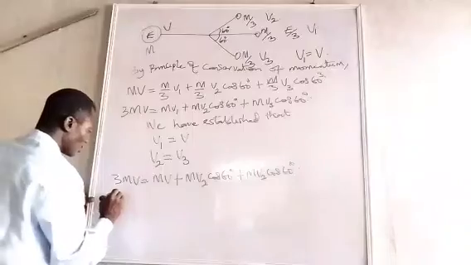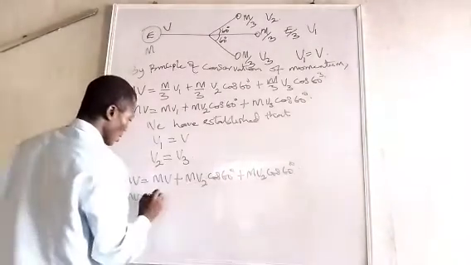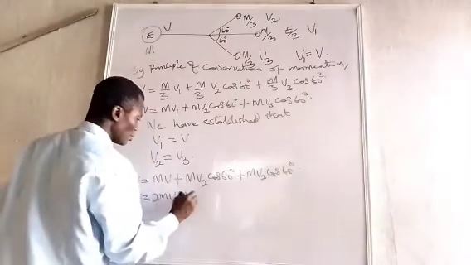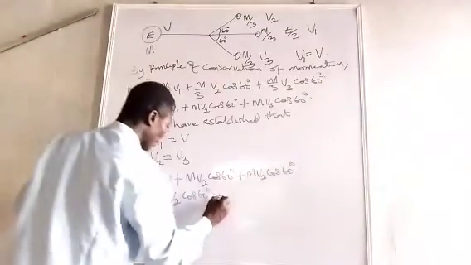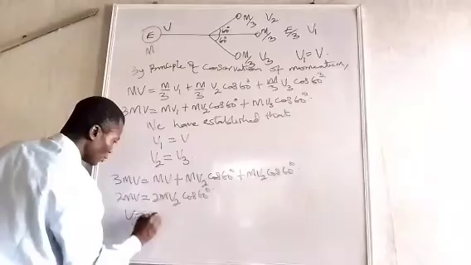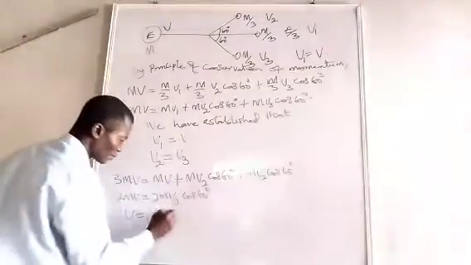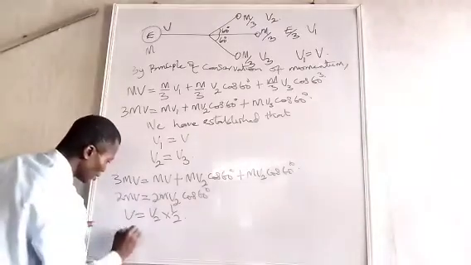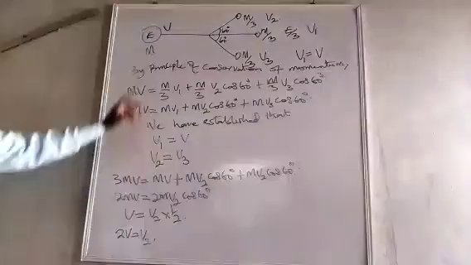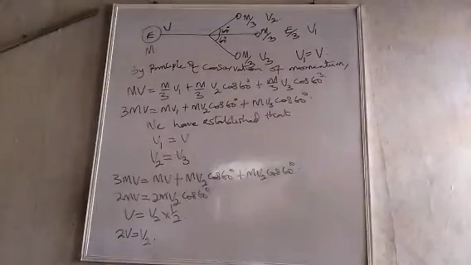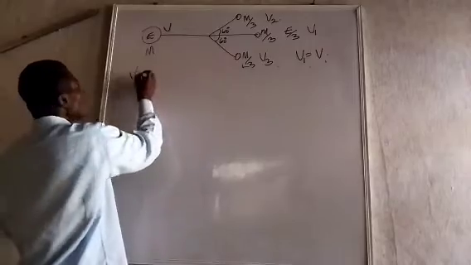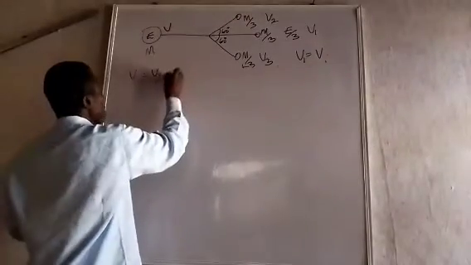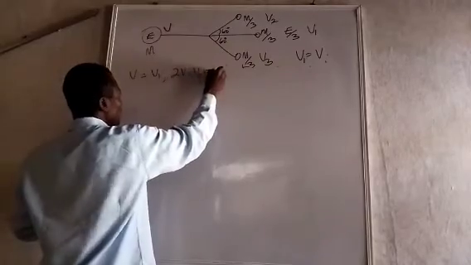So I can say 2mv is equal to 2m v2 cos 60 degrees. Cancelling, v is equal to v2 times cos 60, and cos 60 is half. So v2 is equal to 2v. Now we have the situation that v is equal to v1, and 2v is equal to v2 is equal to v3.